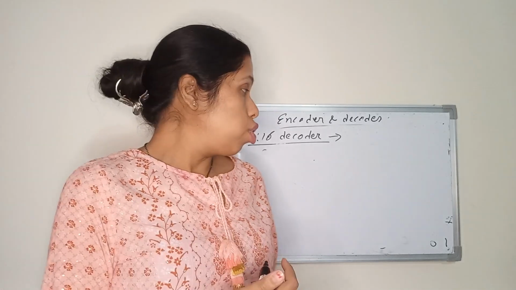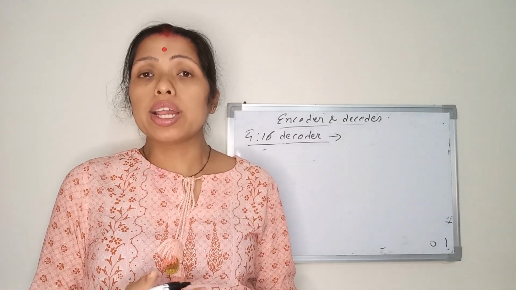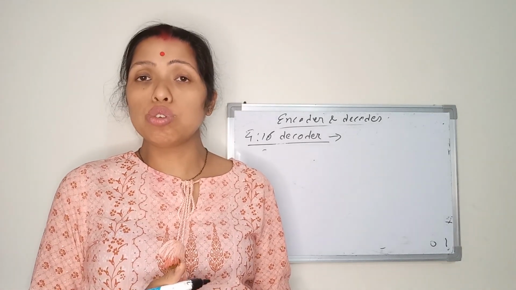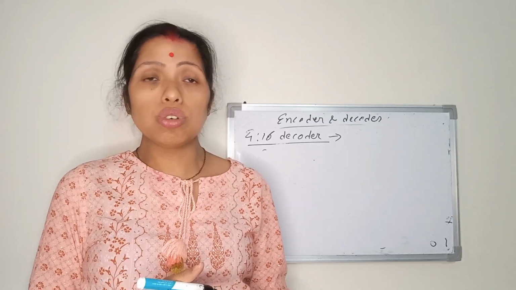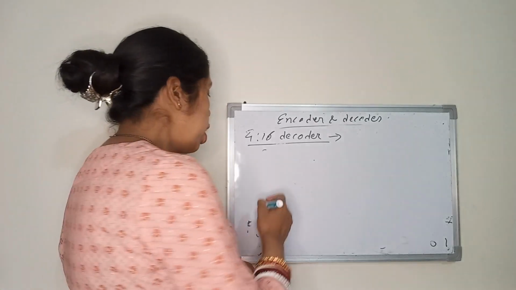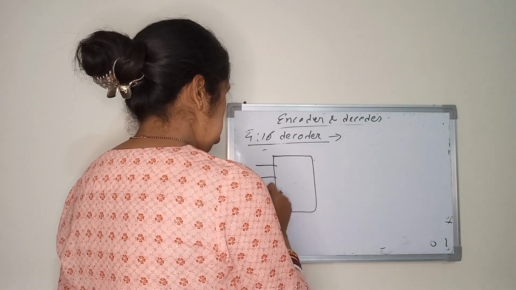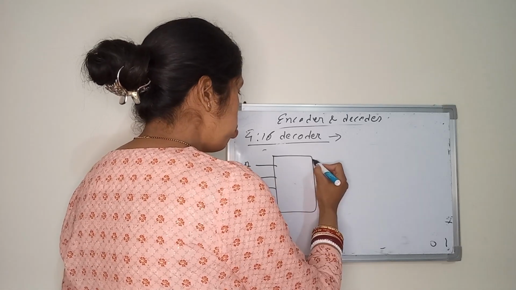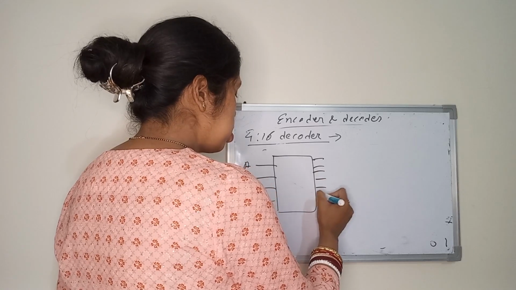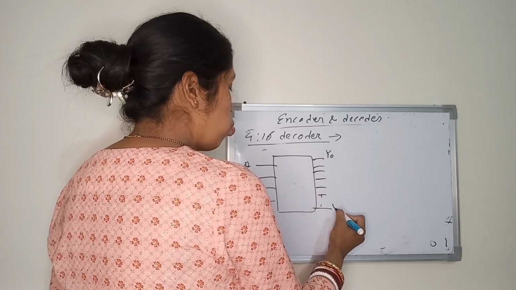If you give 0 to 15 in binary form, you will get the decimal number from 0 to 15 at the output side using the 4 to 16 decoder, right? So there are 4 inputs and a total of 16 outputs, y0 to y15.